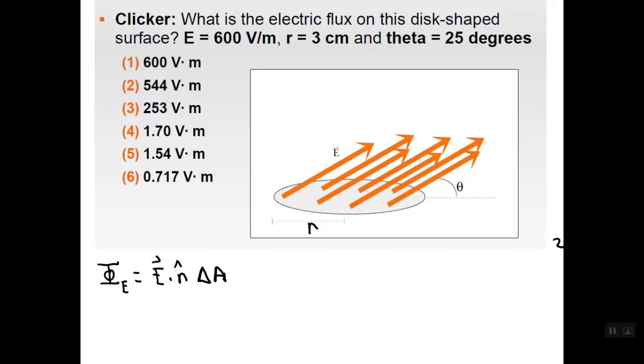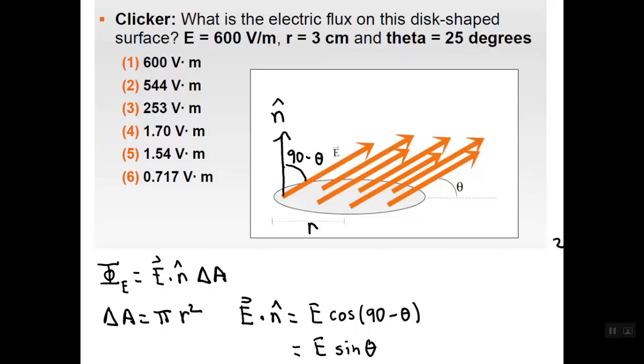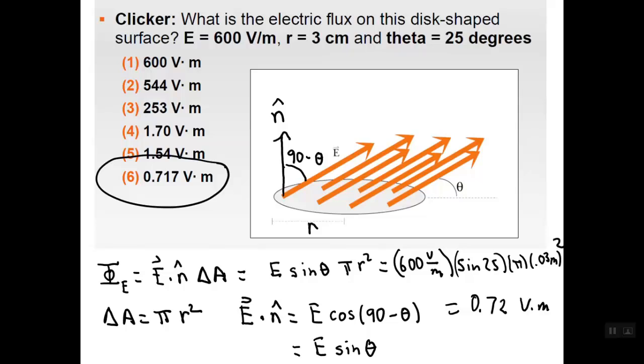Here is the expression for the area of the disk, delta A. This arrow represents n hat. And notice the relevant angle for the dot product is this angle, 90 degrees minus theta. So here's how to work out that dot product in terms of theta. We plug in all the numbers and we obtain this result.